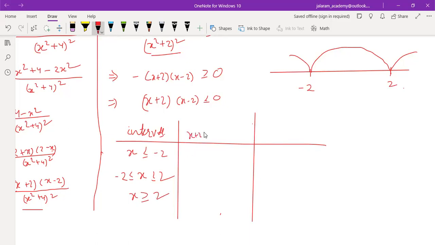And x plus 2 into x minus 2, what is the value? Take a test point. Take a test point which is less than minus 2. What will be the value? Minus 3, minus 4. Between minus 2 to 2, 0. Greater than 2, 5. And find the value of x plus 2 into x minus 2, whether it is positive or negative.